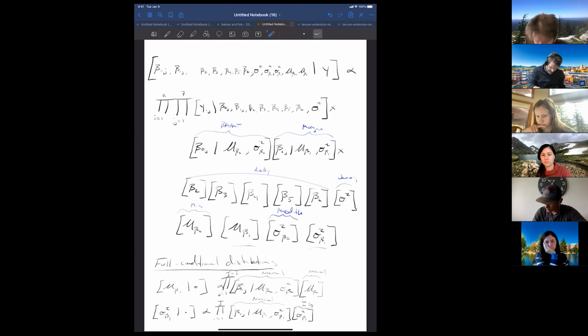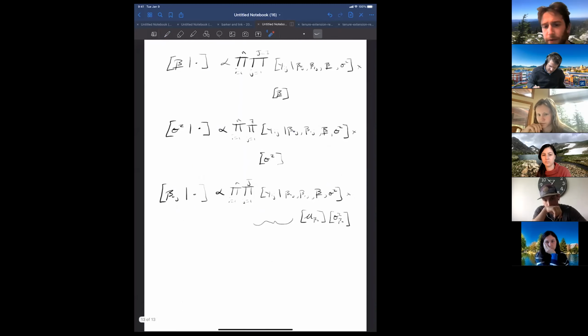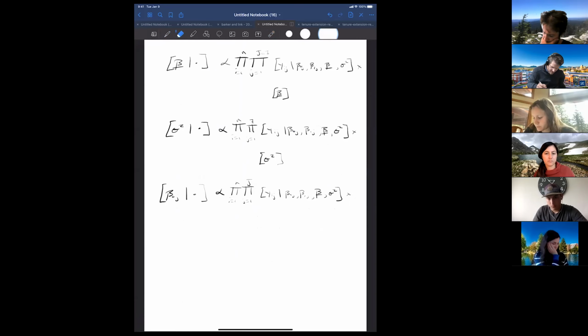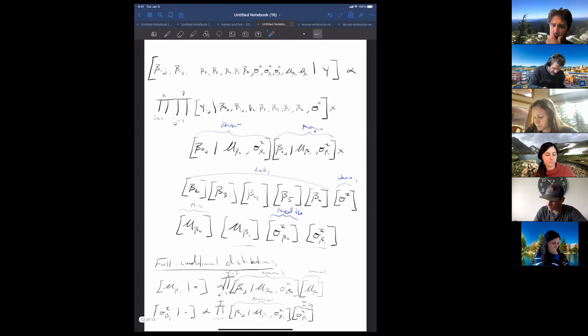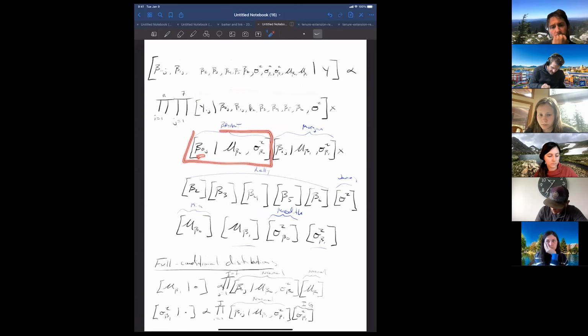None of these others have beta 0J in them, so we're actually not going to include those. We're just looking for everything that has beta 0J in it. So this one, beta 0J is right here, so we need to include it. This one, beta 0J is right here, so we need to include that. And then we don't see beta 0J anymore, so no.